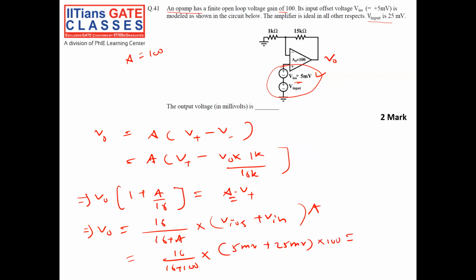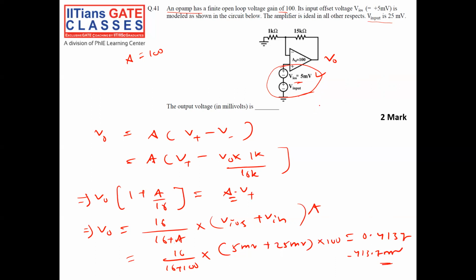Because V positive is multiplied by A, this A should be there here. Okay. So into 100 we have to do. We got 0.4137. Okay. It is asking in millivolt, right? So it equals 413.7 millivolt is the answer.